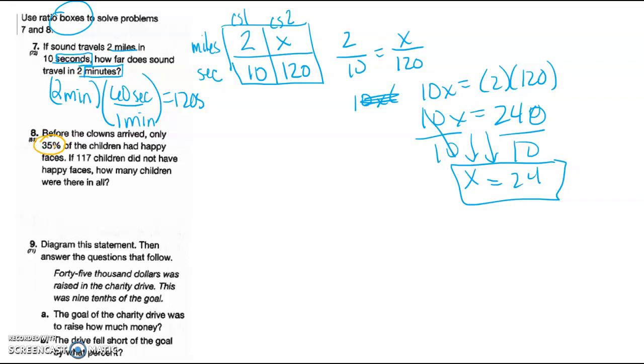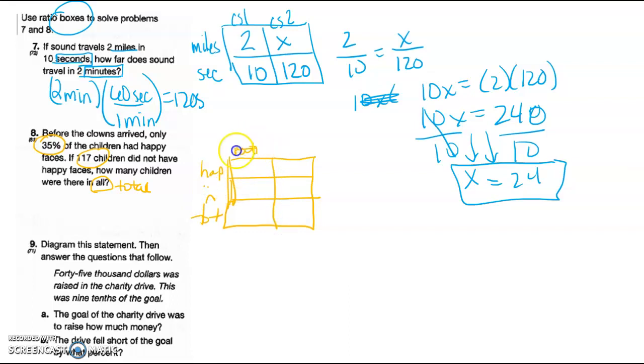If 117 children did not have happy faces, how many were there in all? So we will need a total. So let's go ahead and do our ratio box. Happy, not happy, and total.